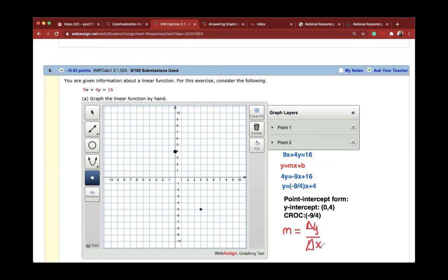If I multiply delta x on both sides to get rid of this fraction, I would have change in y equals m times delta x.